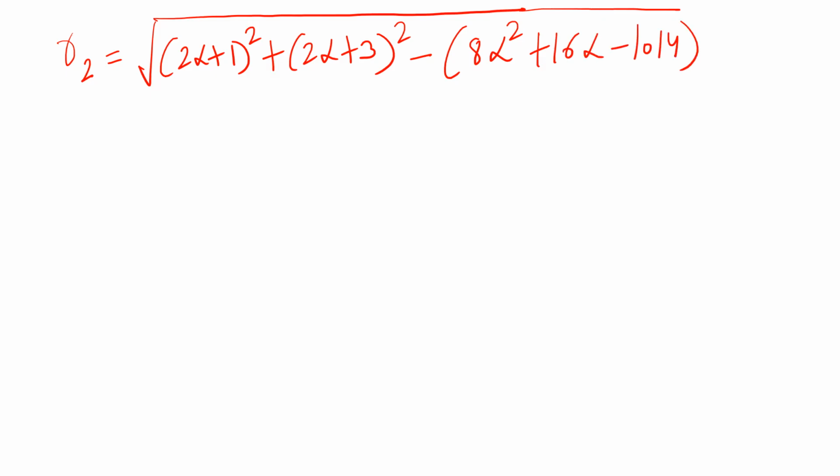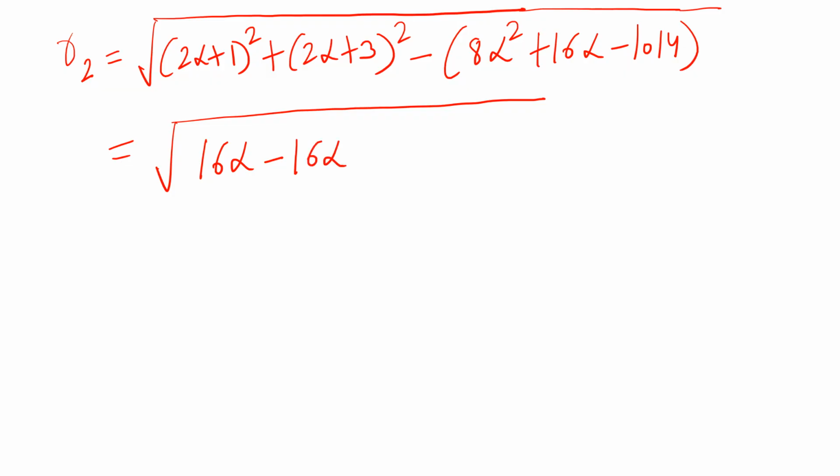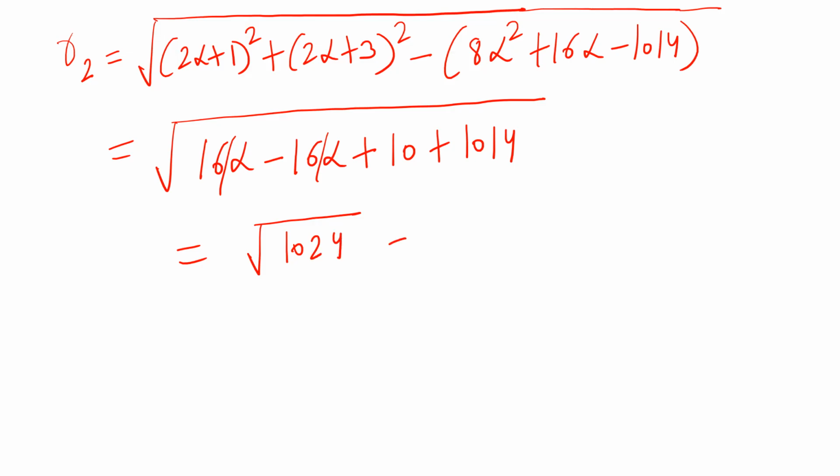So just do the calculations. 8α² and −8α² cancel each other, and we get 12α + 4α, which is 16α, then −16α + 9 + 1, which is 10, plus 1014. So this is nothing but the square root of 1024, which is just equal to 32.